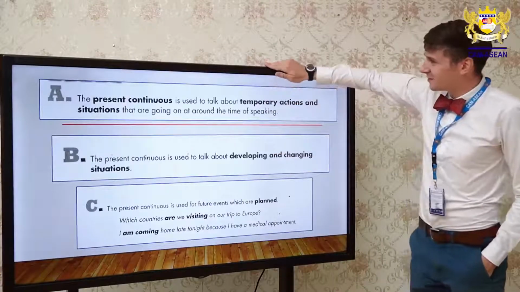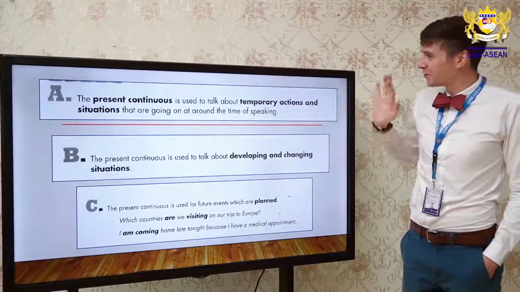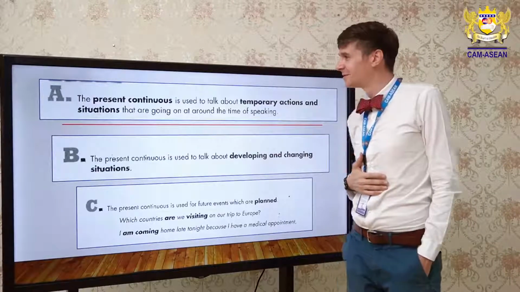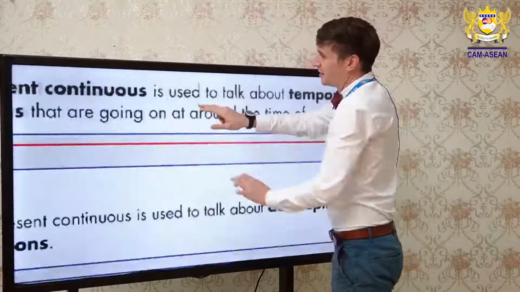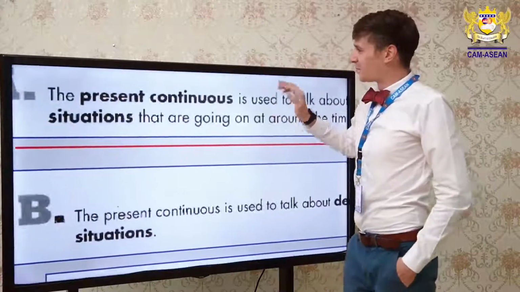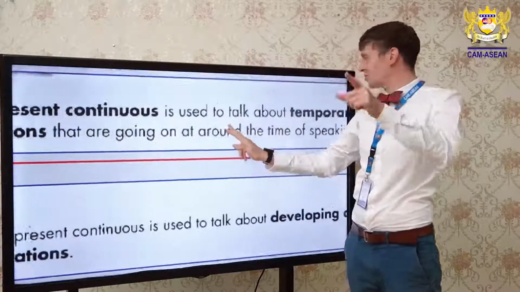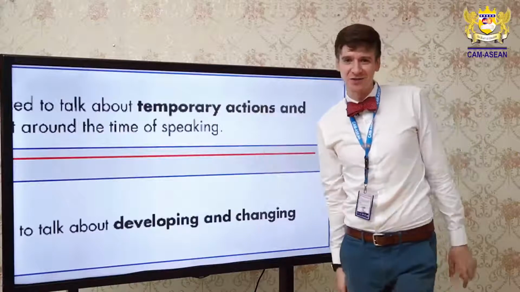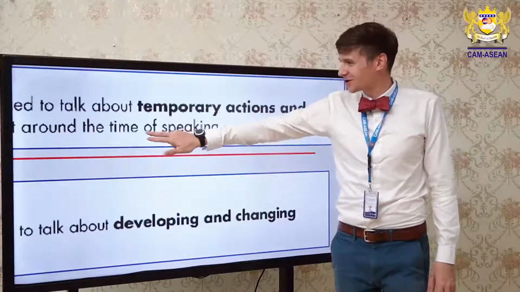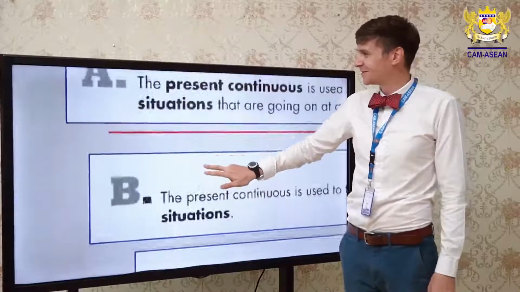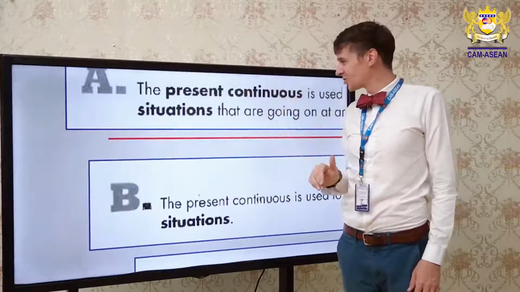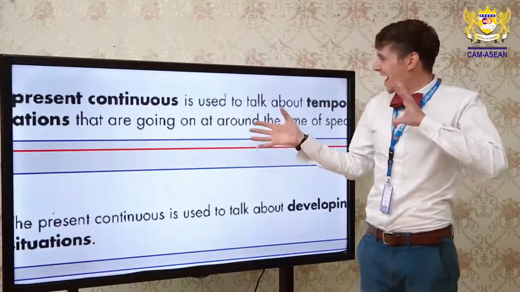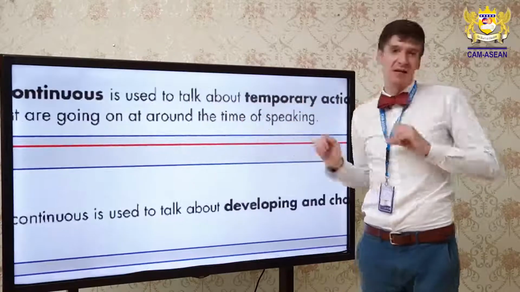So we have present continuous in 3 different situations. The present continuous is used to talk about temporary actions. Temporary actions or situations that are going on at around the time of speaking.